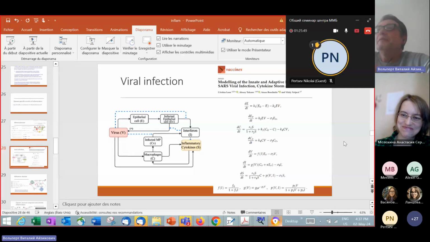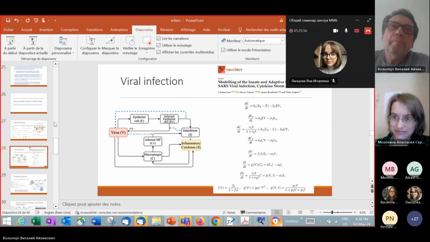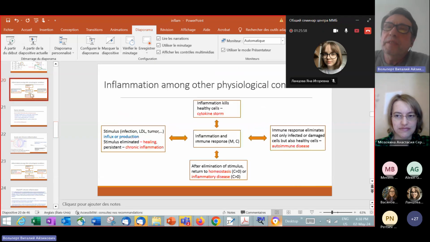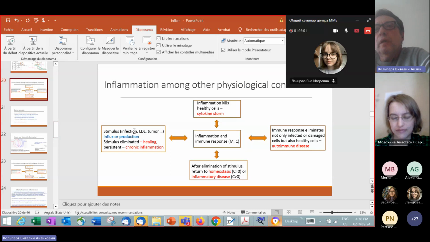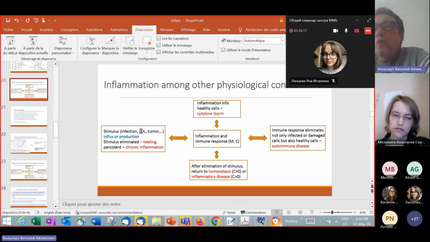Well, as usual, you ask difficult questions. So let me go to my scheme here. As we discussed before, inflammation can be initiated by some stimulus. If this is not, for example, a viral or bacterial infection, and it is not related to tumor cells, then what?